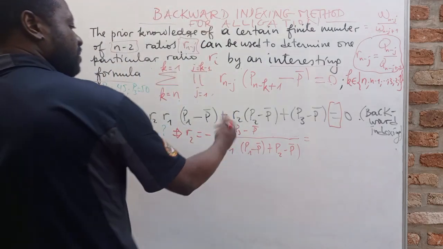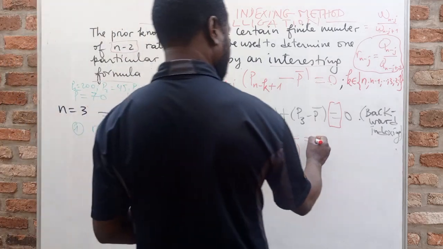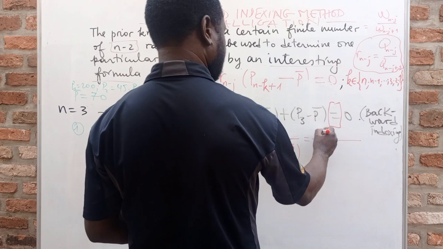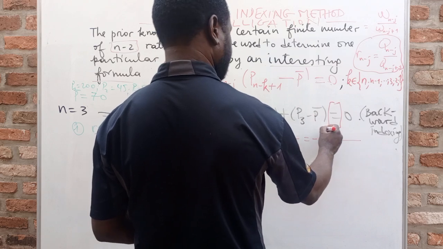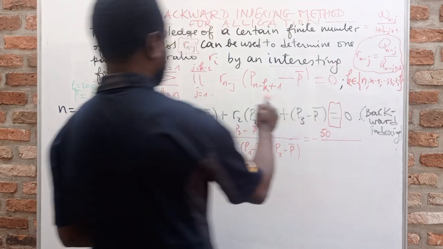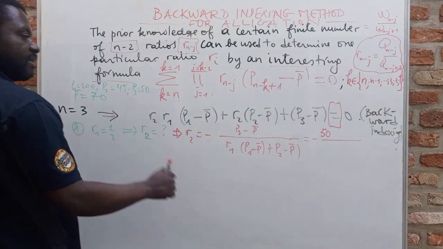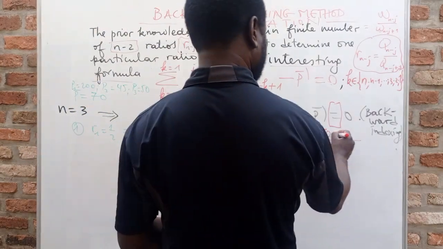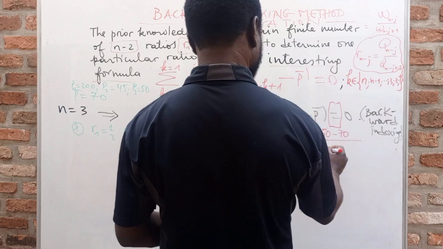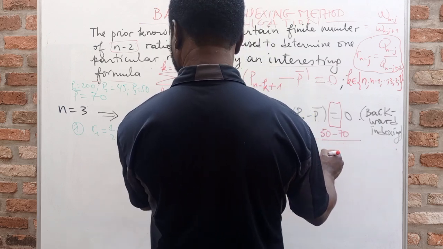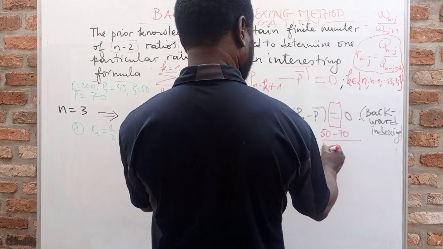So substitution will give you negative P3 minus 70, which is 50 minus 70, divided by R1. R1 is half.